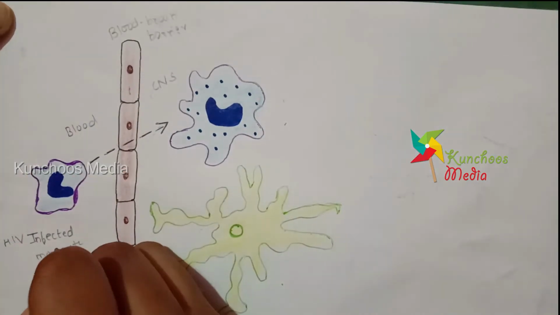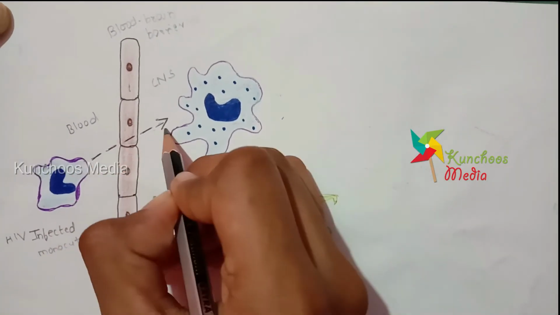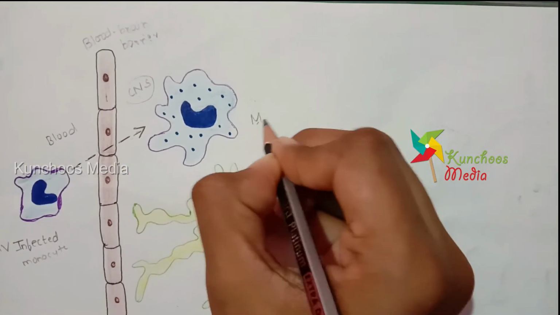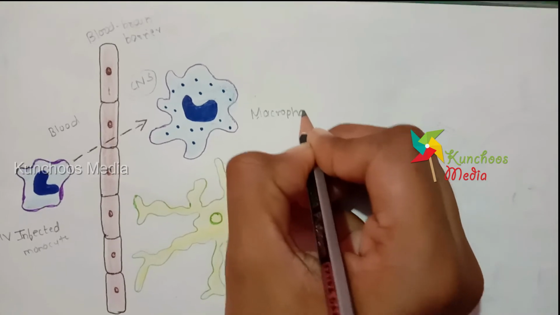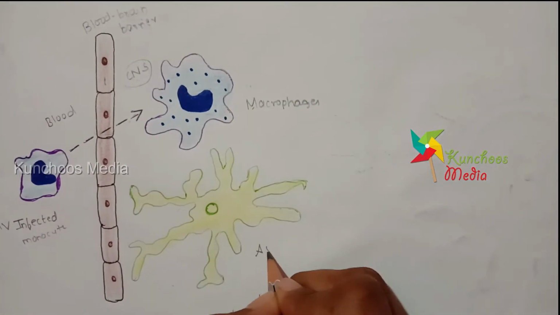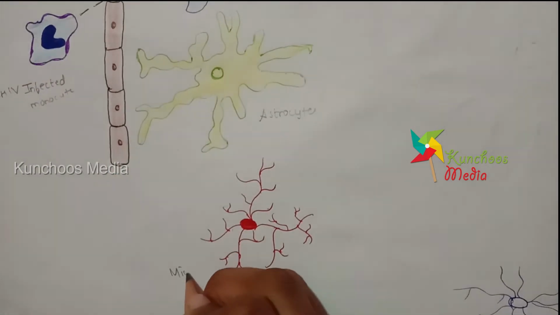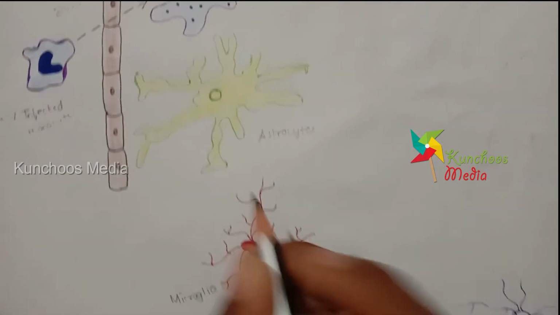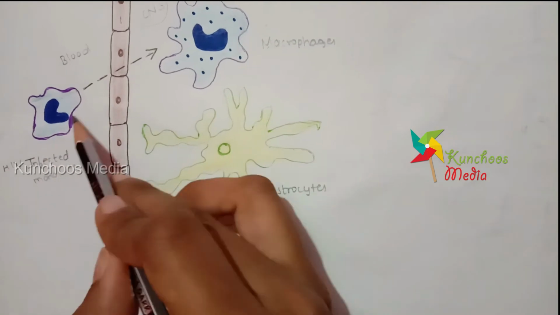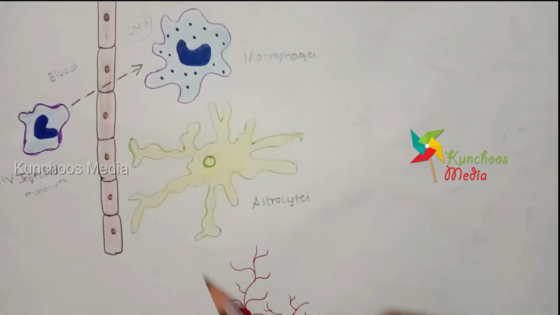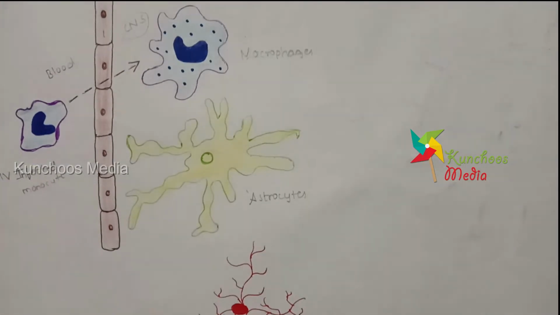On infection, these monocytes cross the blood-brain barrier and enter our central nervous system. These are the macrophages. These are the astrocytes, which are basically neuroglial cells. This is the microglia. As the HIV-infected monocytes enter our central nervous system, they cause damage to all these cells, the macrophages, astrocytes and microglia.